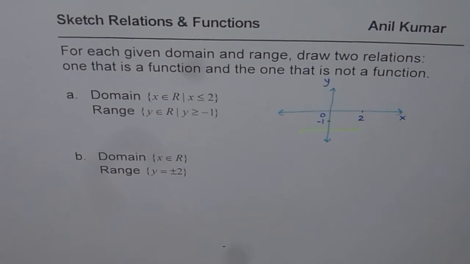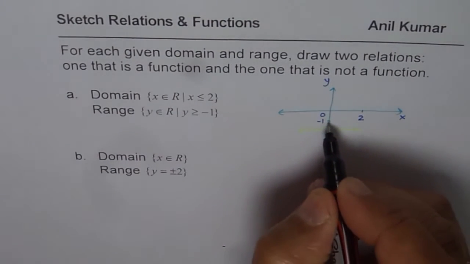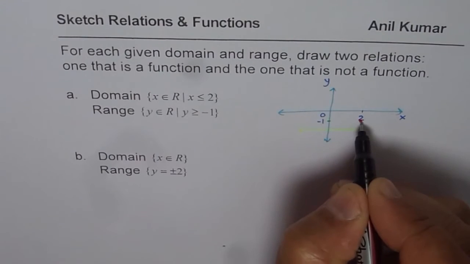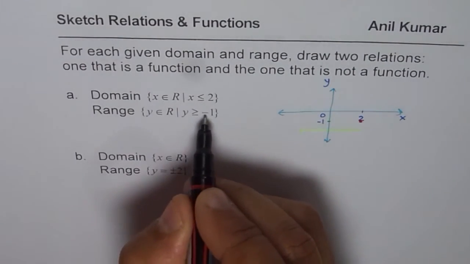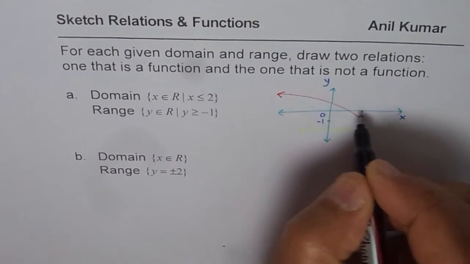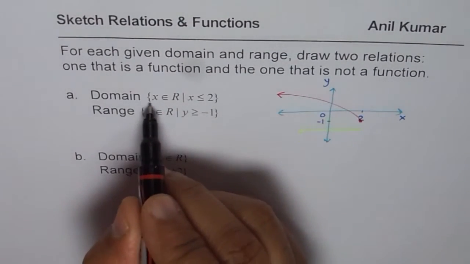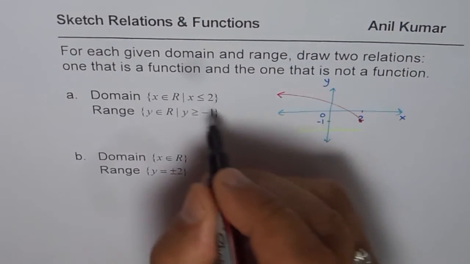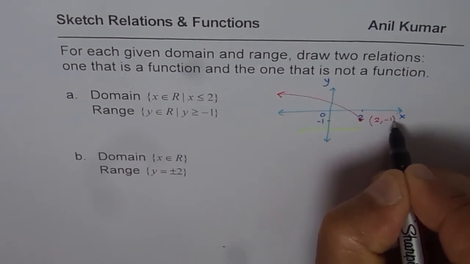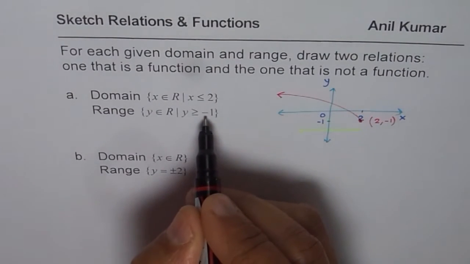Now, a very simple graph could be a square root function. So you start from here, which is 2, minus 1, and we want it to be greater than minus 1. So it's better to draw like this. So that could be a graph which is representing domain of x less than or equal to 2. So this point is 2 and minus 1, and range which is greater than minus 1.